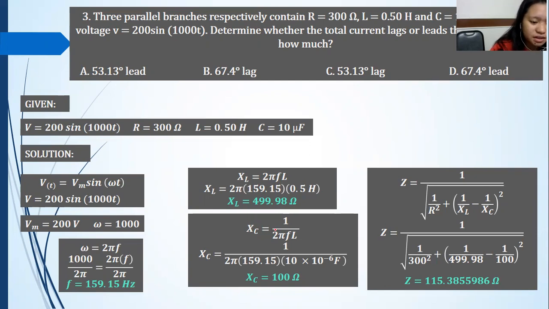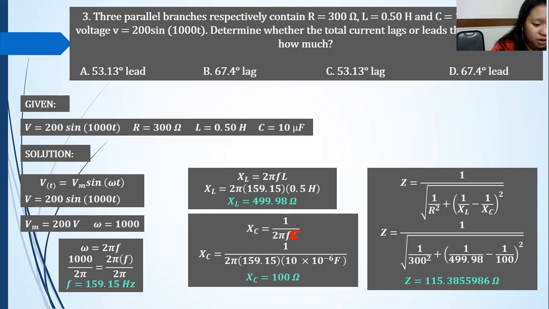So for the XC, we have here 1 over 2 pi f C. Sorry for that, this is C. So f C. Since we already have the given values, we'll just substitute.